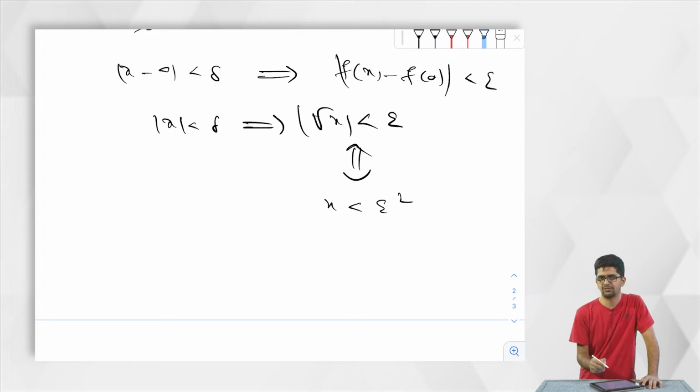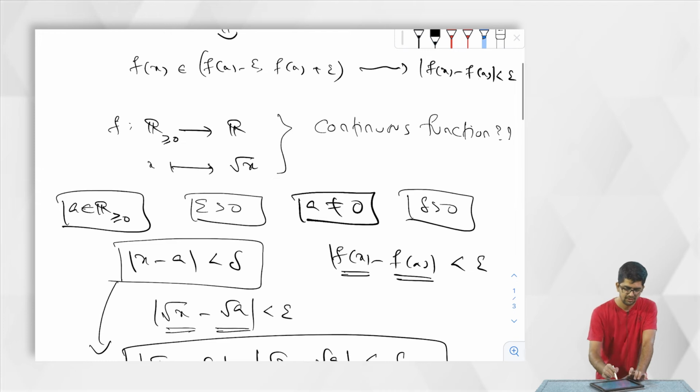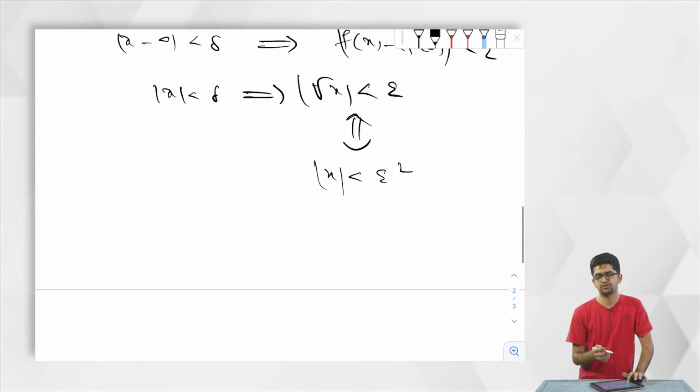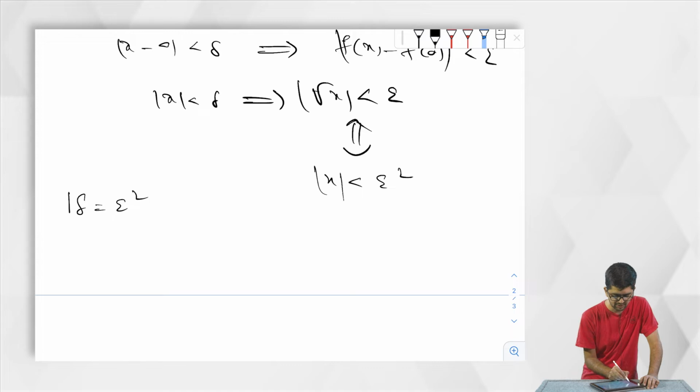So one thing to observe is the following: we are looking for a delta such that mod x less than delta implies x less than epsilon square. Actually one should write down mod here, but as I said, x is already positive, so mod is not necessary, but otherwise you should be putting mod. So one nice choice for delta is just epsilon square. Just take delta to be epsilon square.